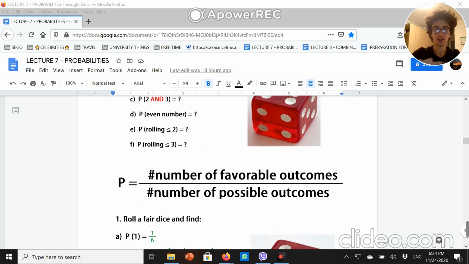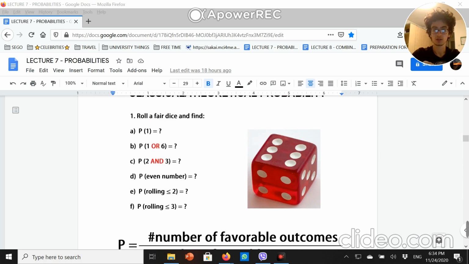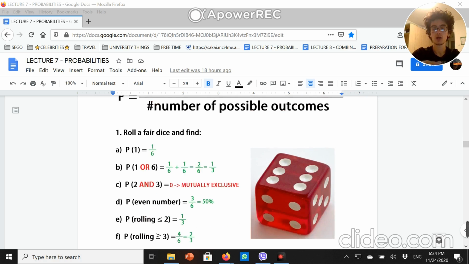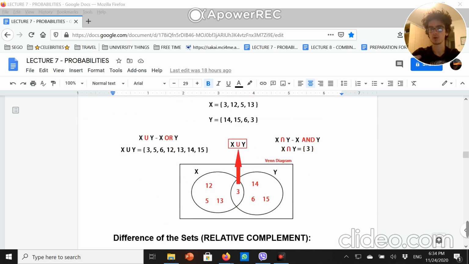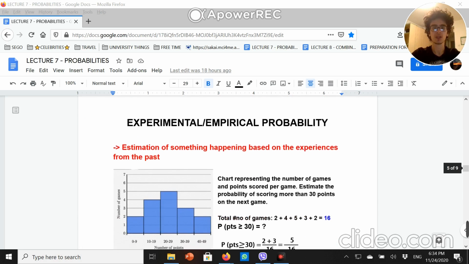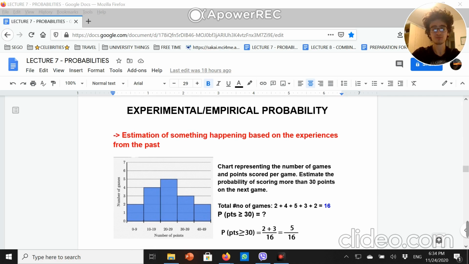And the probability that you find based on this classical one is the most probable one to occur, let's say like that. While with the experimental one, you don't know if your estimations will be correct. You don't know if your estimations are going to happen. But you make them based on something that happened before in the past.